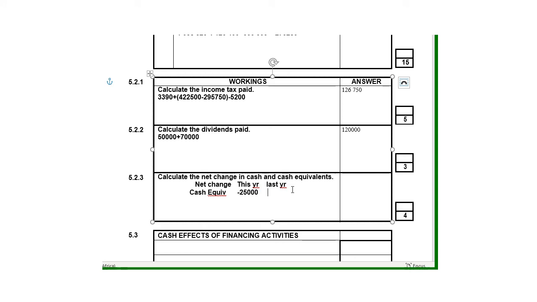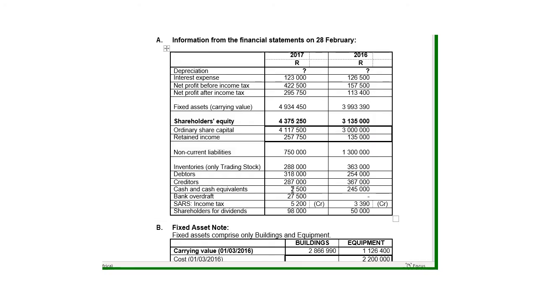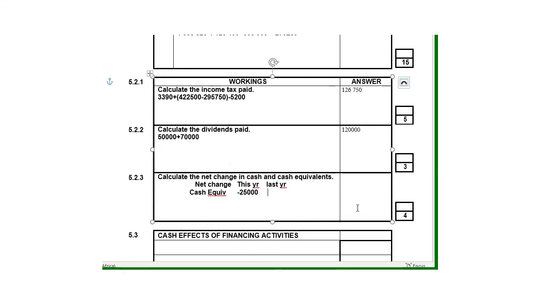Last year was a positive figure of 245,000. So last year was 245,000.